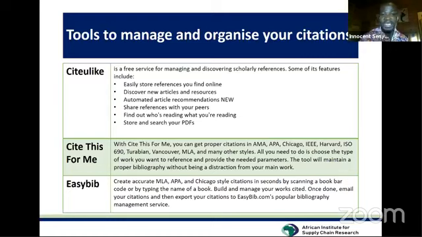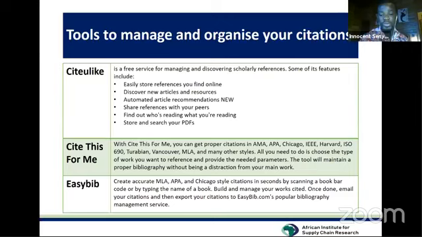Then there are sites like the ones we've mentioned before. Cite This For Me, and then EasyBib are all examples of tools that are available online that can help you manage your references. For example, EasyBib helps you create the MLA, the APA, and Chicago style citations in seconds by scanning a book barcode or by typing the name of the book.